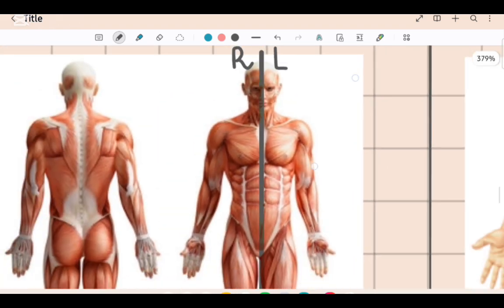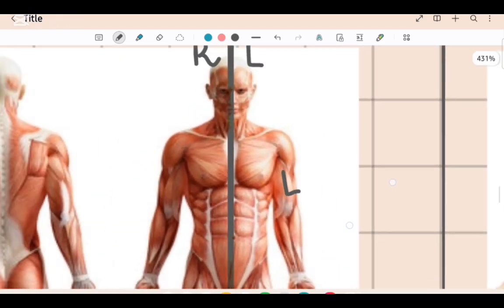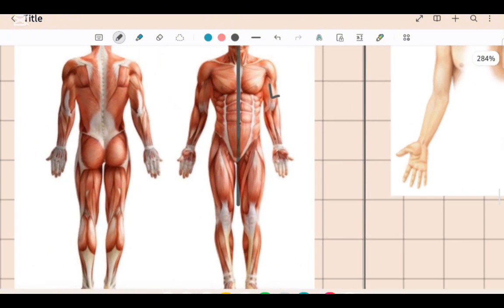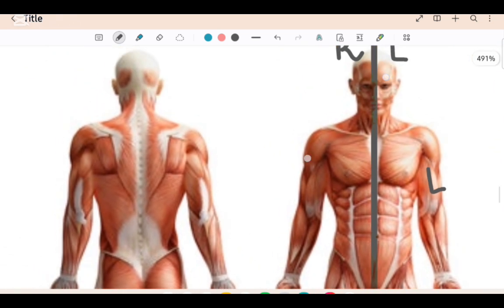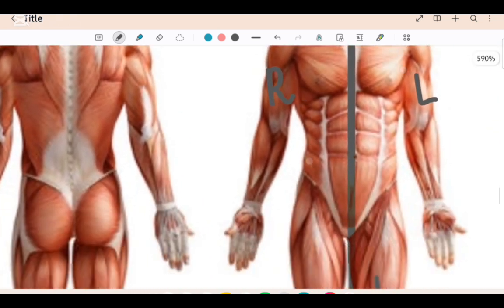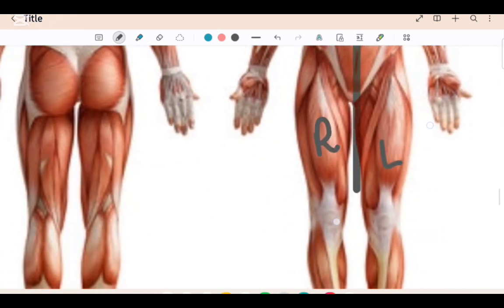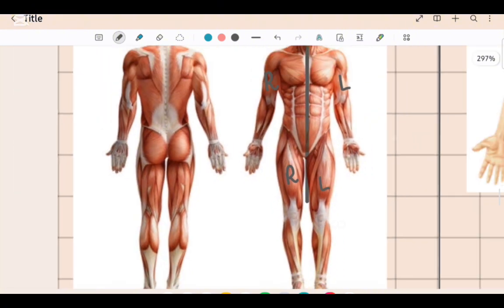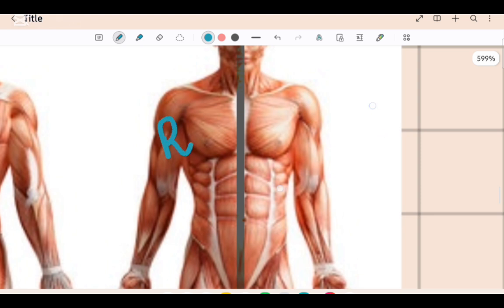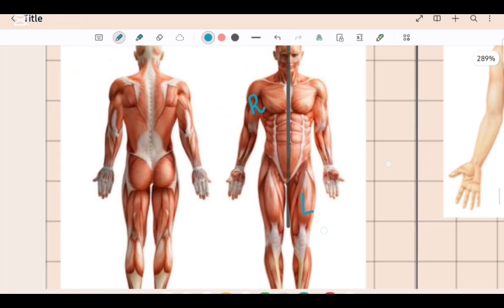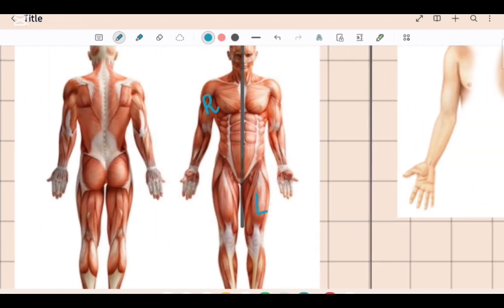For example, if you are talking about your left upper limb and the left lower limb, those will be ipsilateral parts. If you are talking about your right upper limb and the right lower limb, that's also called ipsilateral parts. But if you're talking about your right upper limb and your left lower limb, that's called contralateral parts.